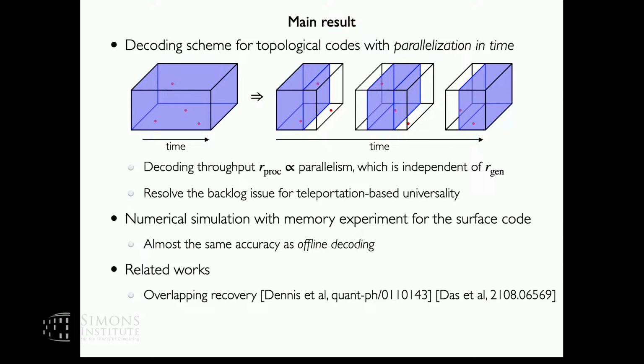In a sense, they also divide the entire 3D decoder graph into windows, and they overlap in the buffer region. However, a key difference is that their windows are sequential, meaning the second window will be dependent on the decoding result of the first window. However, in our procedure, they're all independent. That's why you have this parallelization, and you can just arrange them to a lot of classifying units to go through.